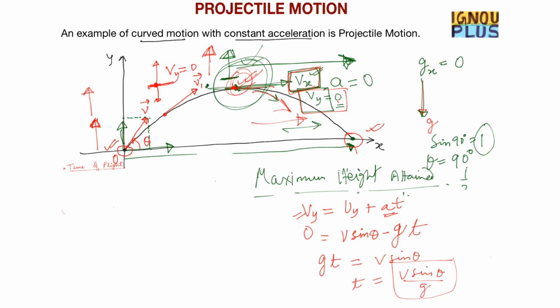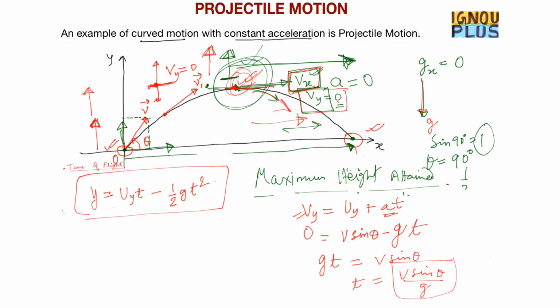So when it reaches the highest point, we can have this equation y is equal to uy t minus half g t square. If we put the values of t here, we can get the highest point, or we can get the height attained, maximum height attained. So this is your formula of y-axis.